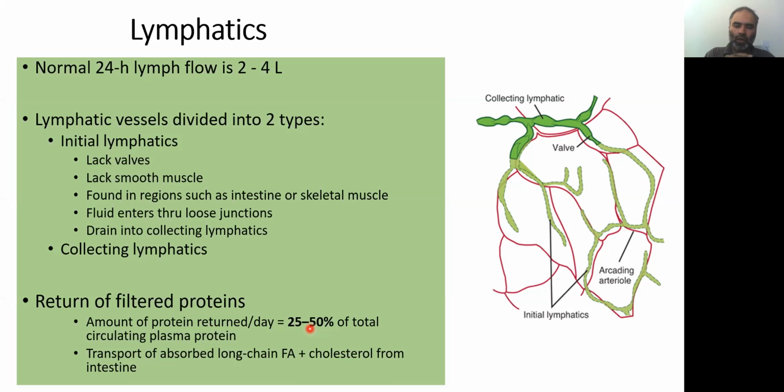Remember, when you apply knowledge in a testing scenario, it cements your concepts. Also, some long chain fatty acids and cholesterol also get out into the interstitium, especially in the intestine, where absorption takes place, and lymphatics play a very key role in returning it to the vasculature and on for usage.